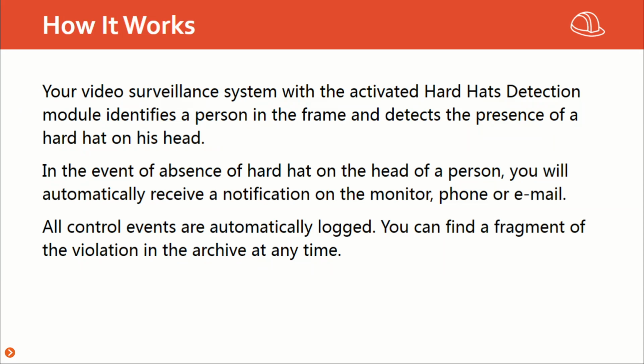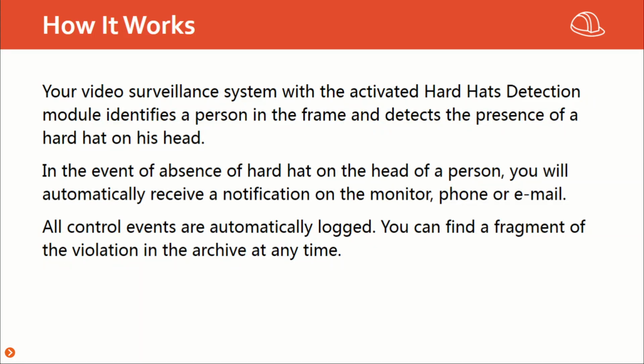Once you have activated the hard hat detection module, the system will be looking through all the frames coming from the camera to identify human beings. Once that has been done, it will look at the head of that individual or individuals and determine whether that person is wearing a hard hat or not.